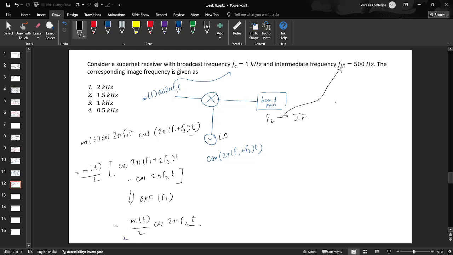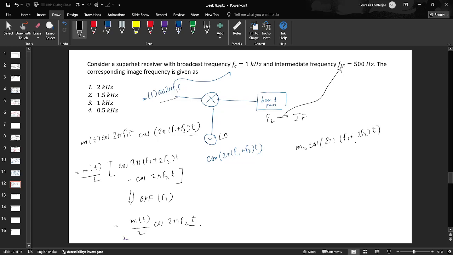But there is an issue with image frequency. What I mean by that: if instead of the message signal being cos 2 pi f1 t, your message signal becomes m cos 2 pi (f1 plus 2 f2) t, what do you think will happen?